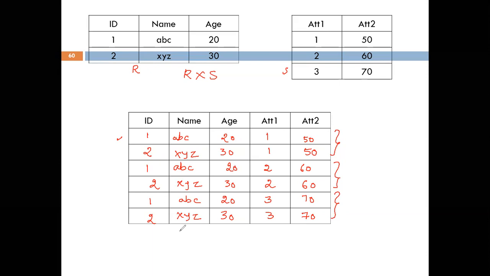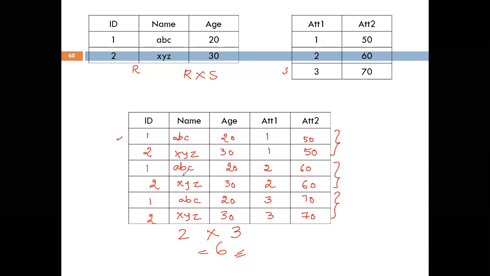The number of rows in R is 2 and the number of rows in the second table is 3, so in total there will be 6 possible combinations of these two tables. All those will be present in this Cartesian product. In a Cartesian product, each row of one table will be combined with each row of the other table.